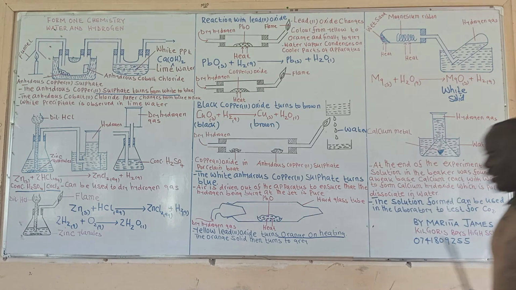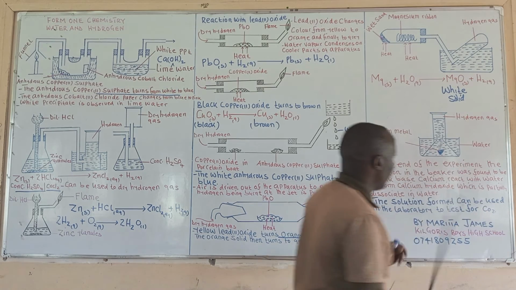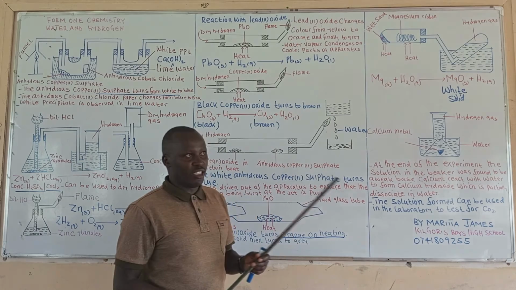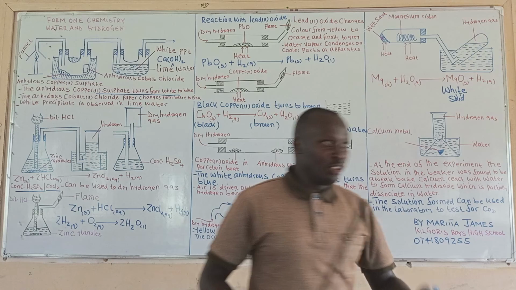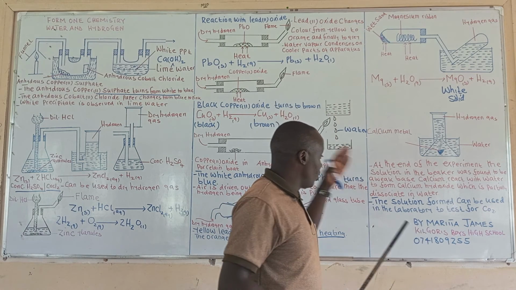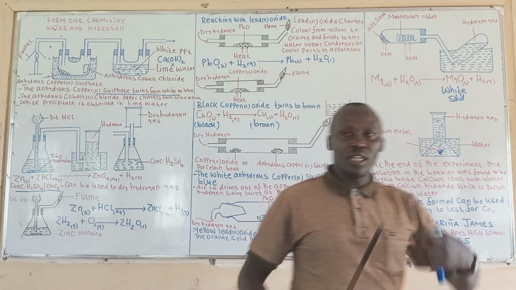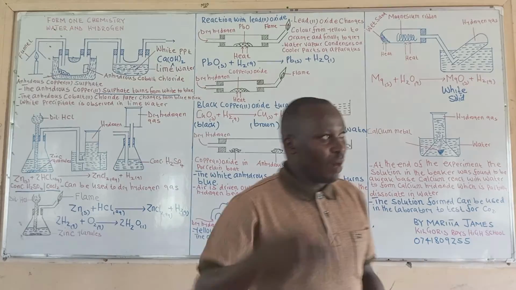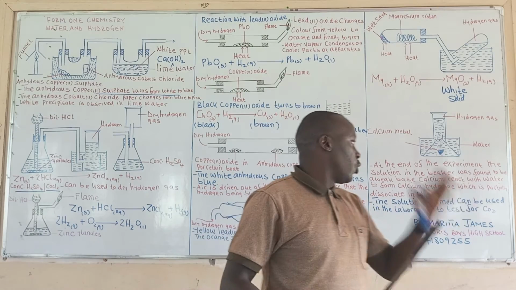We have the last diagram, where we have a reaction between calcium metal and, in this case, water. Calcium metal can also react with water, and it will normally generate hydrogen gas. At the end of the experiment, you realize that the solution in the beaker is a weak base. Why? This is because the calcium reacts with water to form calcium hydroxide, which in this case dissociates partially in water.